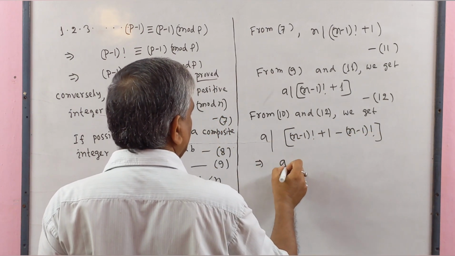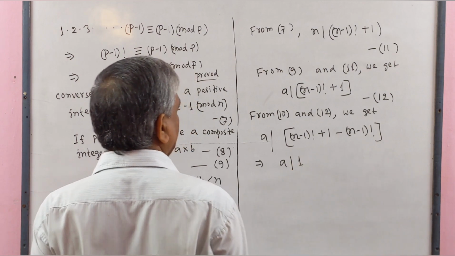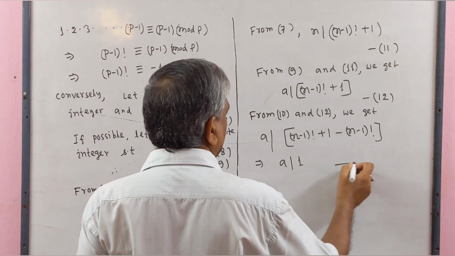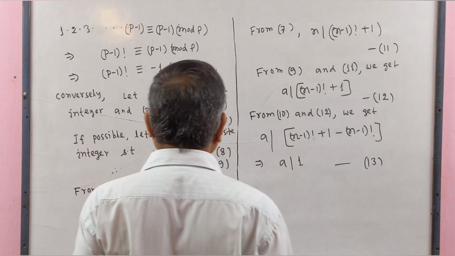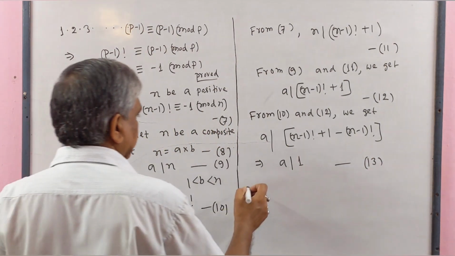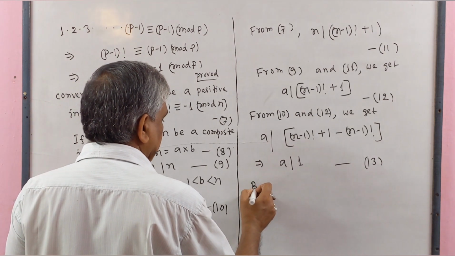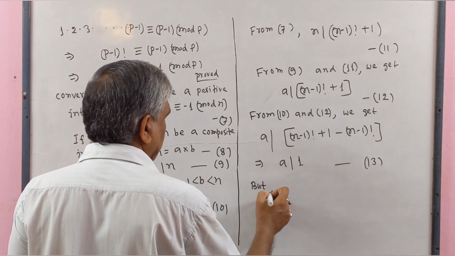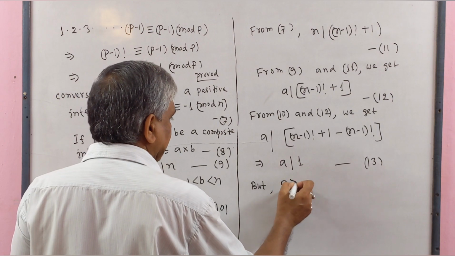Implies that a divides 1. This is number 13. But here we see that a is greater than 1.